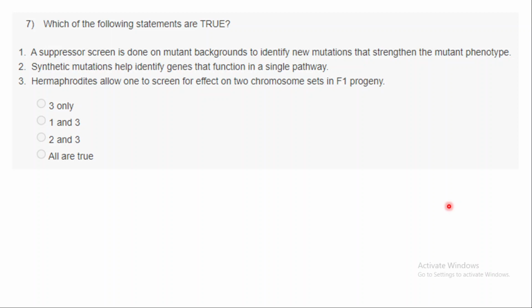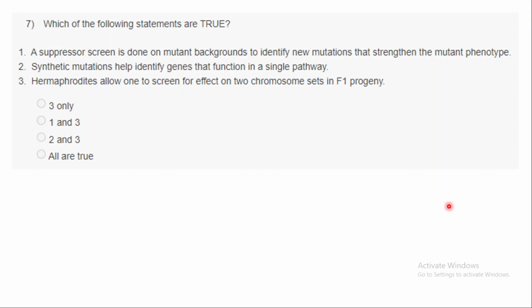Now, which of these statements do you think are true? You have to be very fast because we are almost reaching the end of this session and we have to finish 2 more questions. First statement is about the suppressor screen.